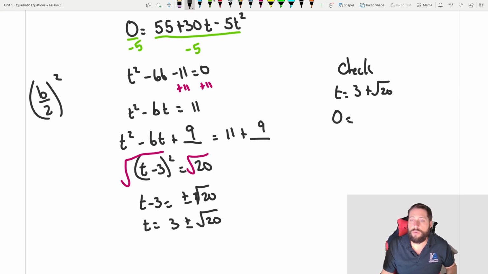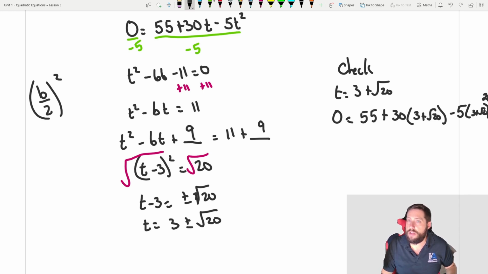We have 0 is equal to 55 plus 30t minus 30 times 3 plus the root of 20, minus 5 times 3 plus the root of 20, squared. Oh boy. I swear that's what it says. Okay, so when you solve all that, you should get the answer.